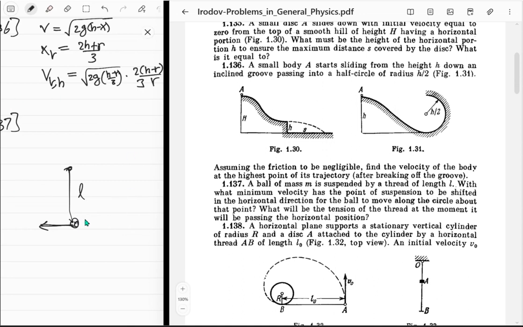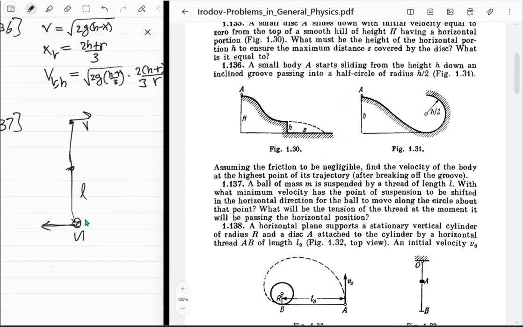So at that moment when it's up, whatever its velocity is, call this thing v. It's in this direction maybe. This is u. So what can we say? There's a tension force around there. You can just do the work energy theorem.